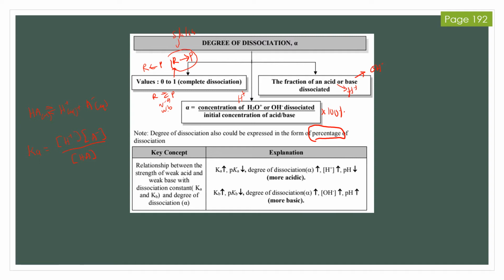Okay, so kita nak relatekan between the weak acid, weak base dengan Ka, dengan degree of dissociation. 3 benda ni. So, if you have a high Ka value, meaning that you will have a high H plus concentration. And when you have a high H plus concentration, if you write down the expression for the pH, pH equals to negative log H plus.